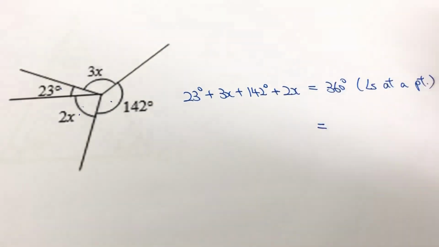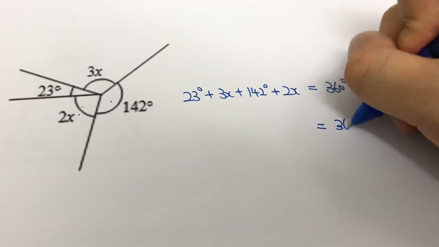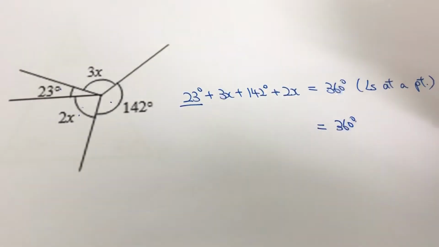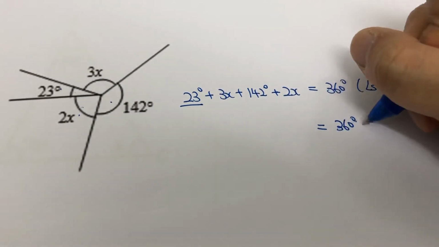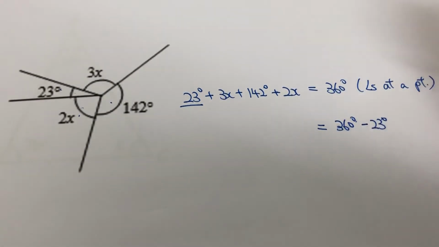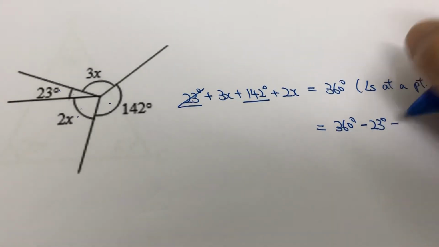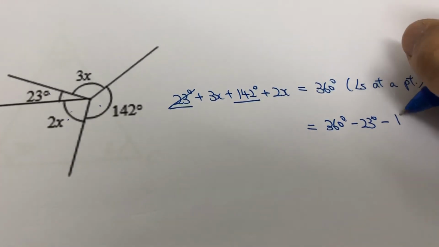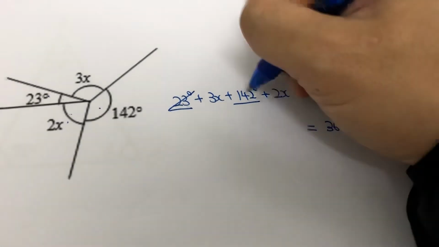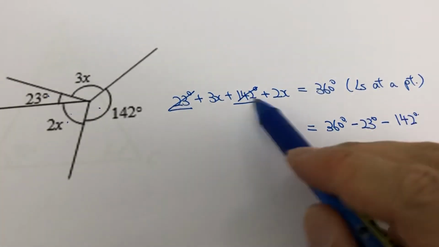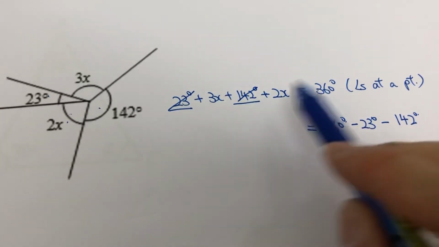Now, let's deal with the numbers. First of all, 23. Move it to the other side, from positive to negative. And then, what else? Oh, what about 142? Positive. Move to the other side, becomes negative 142 degrees. Okay, so the numbers are already removed.